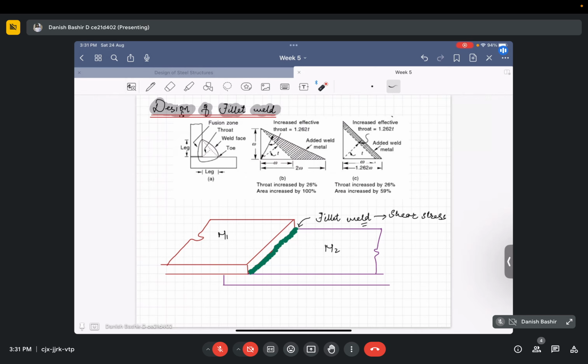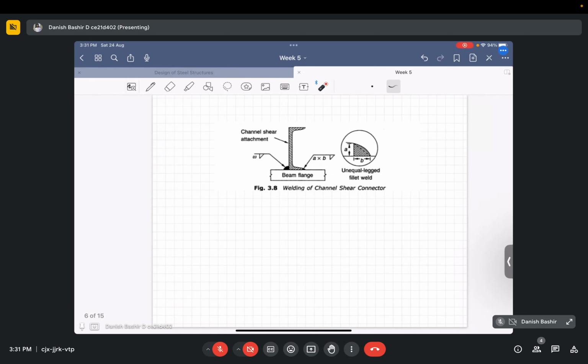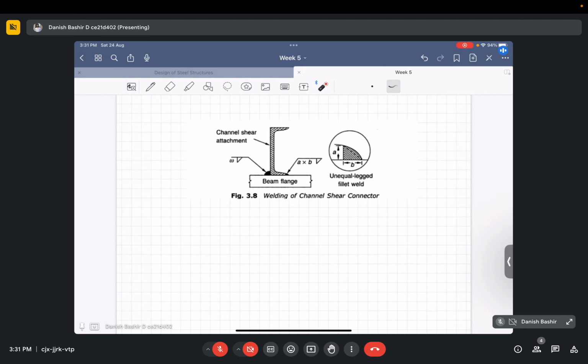This equal-sided right angle triangle is for cases where the size of the legs is equal. But there are certain cases where the legs may not be equal. For example, I have a beam flange to which a channel section has to be added, for a fastener or shear connector or something. If I put fillet weld here, I cannot increase the vertical thickness indefinitely.